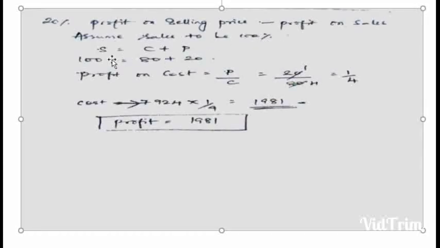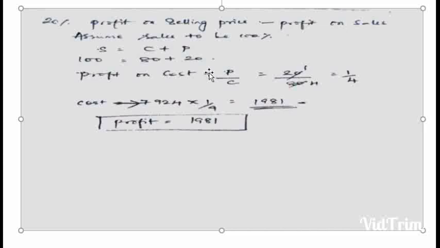So selling price is equal to cost plus profit. 100 is equal to cost plus profit, so you have assumed sales to be 100%. Sales is 100, profit is equal to 20. Where did you get this 20? As it is stated in the question, profit is 20% on selling price. So profit is 20. So what will be the cost? 100 minus 20 will be 80.